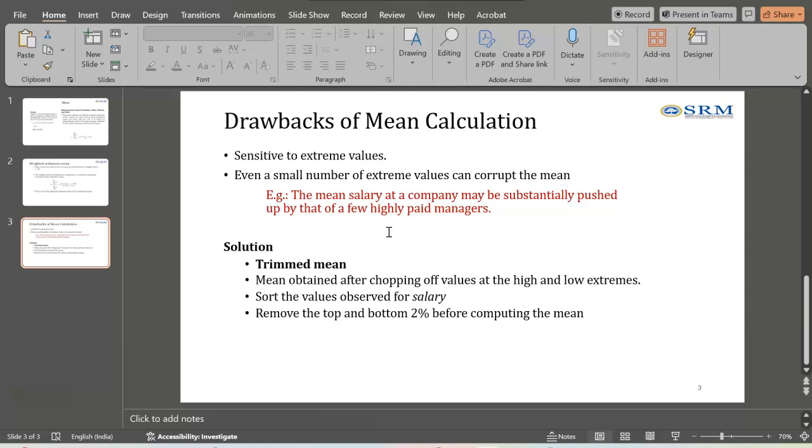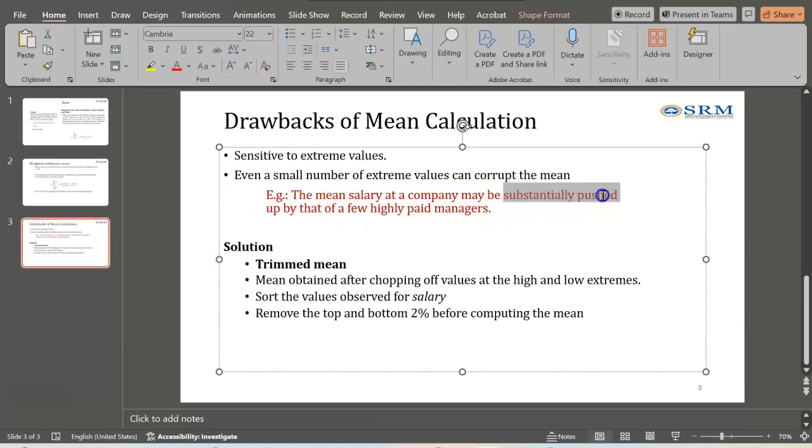For example, in a company, if almost 70% of the employees get a normal average salary, and suddenly 30% of the employees get a highly paid salary, then the entire mean will be distorted, as if every employee in the company gets a high salary. The mean salary at a company may be substantially pushed up by that of a few highly paid managers.